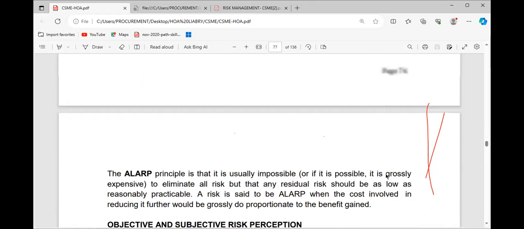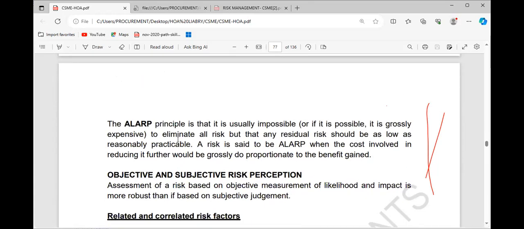Okay. Now, the ALARP principle is that it is usually impossible, or if it is possible, it is grossly expensive to eliminate all risk, but that any residual risk should be as low as reasonably practicable.